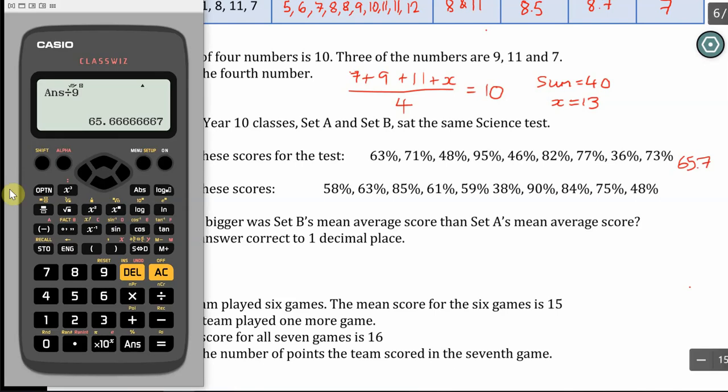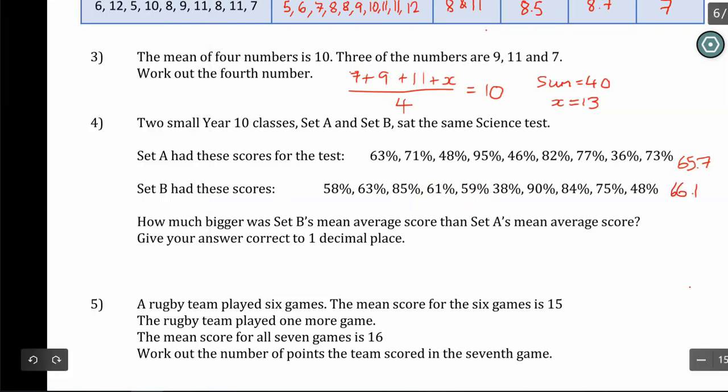And for the other set, it comes to 661, and there are 10 of those, so the answer will be 66.1.